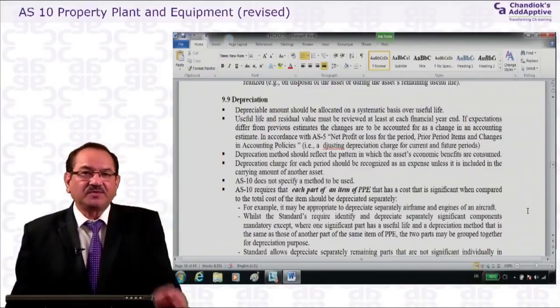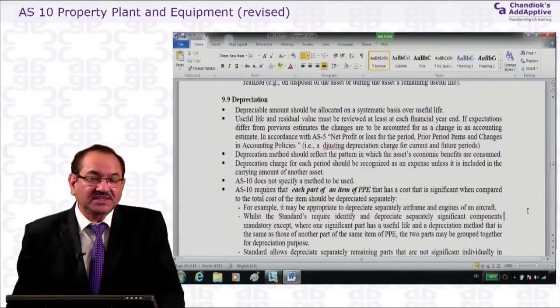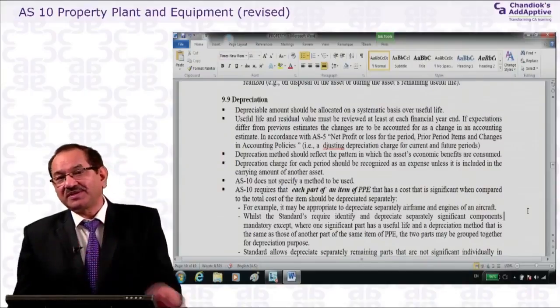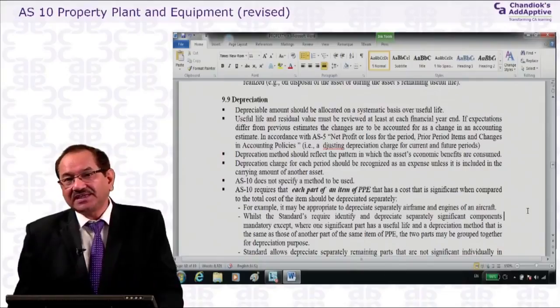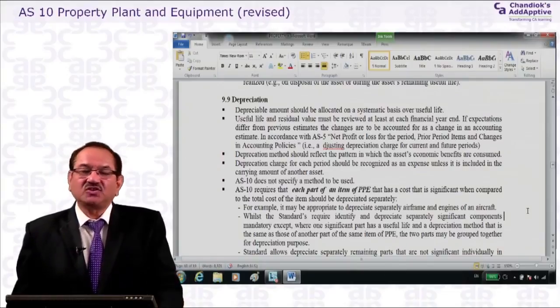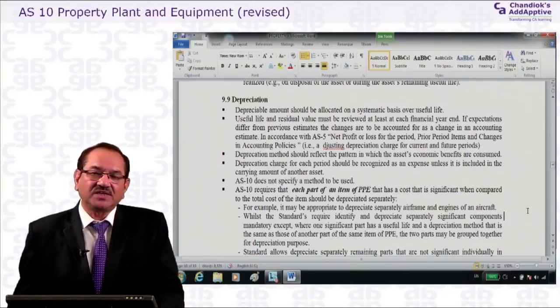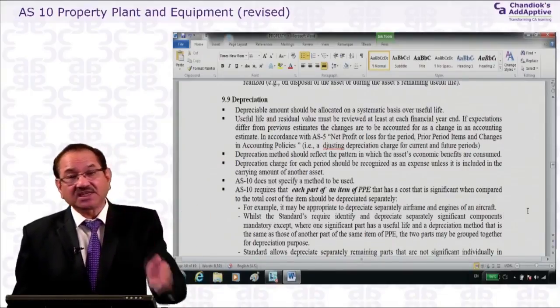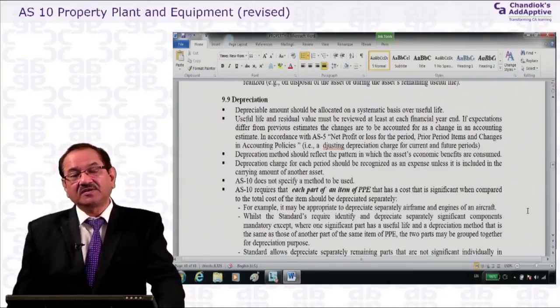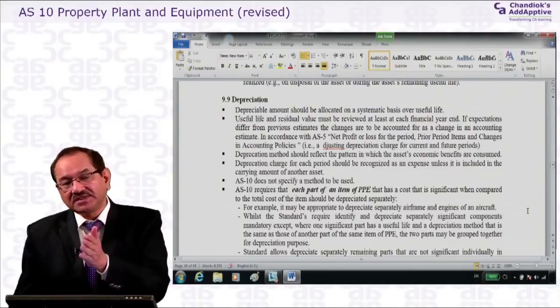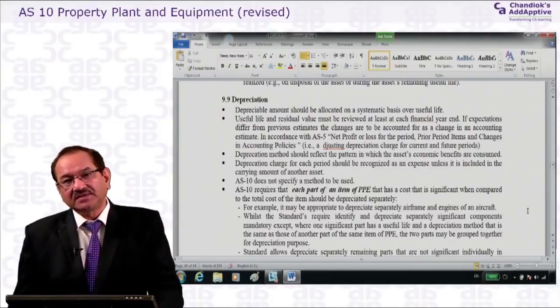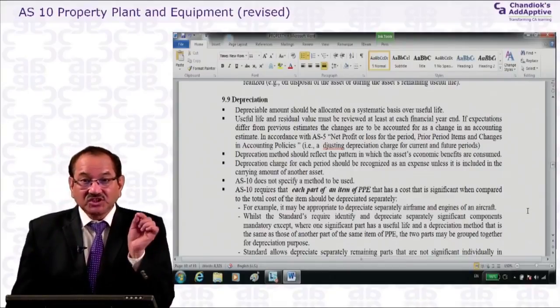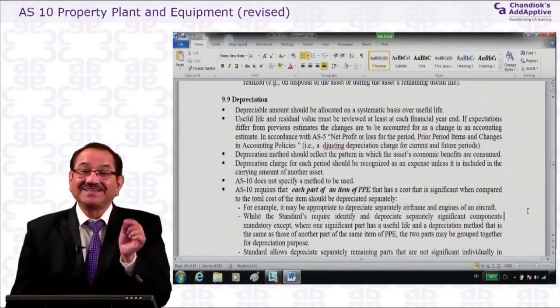Schedule 2 also goes by component based depreciation, and that's why the guidance note issued by the Institute of Chartered Accountants on depreciation explains how component based depreciation will be provided. But this is somewhat a new thing in these standards.